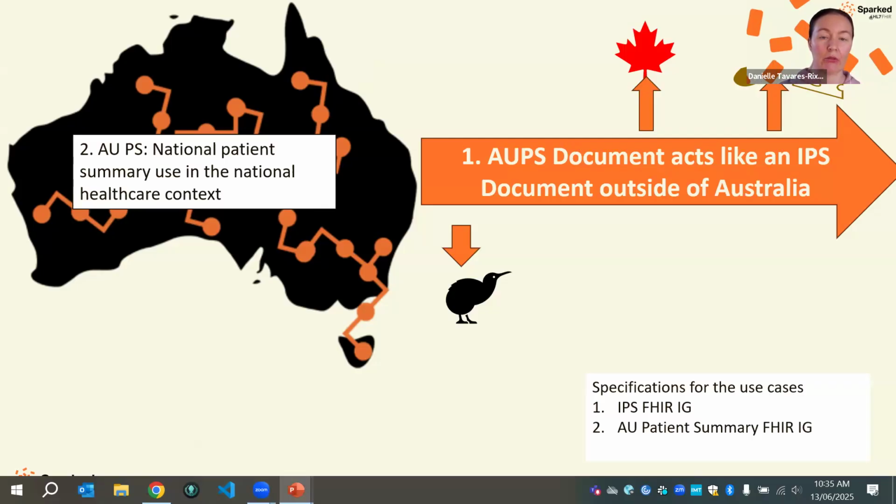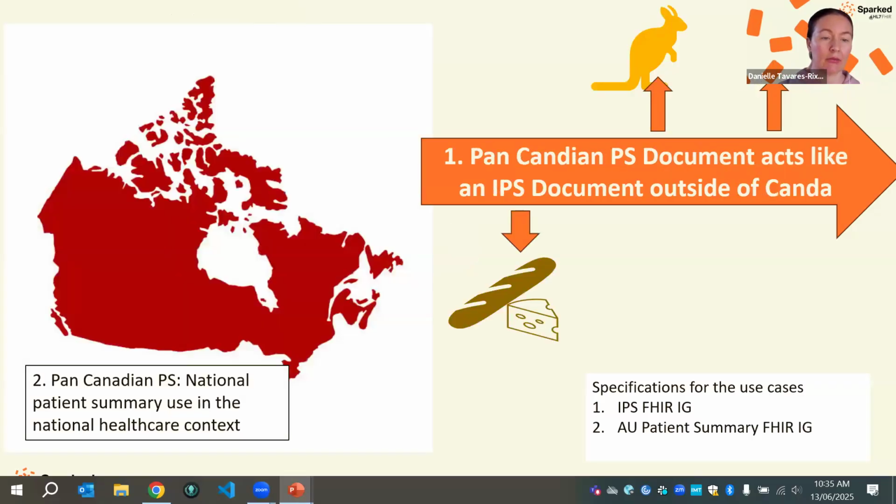Same thing for Canada. Within Canada's borders, the Pan-Canadian document acts within their national healthcare context rules. And then when it gets taken outside, it acts like an IPS document. So that's kind of the theory behind a bunch of the localization. And one of the advantages of all being compliant to IPS is that we then have that aspect.